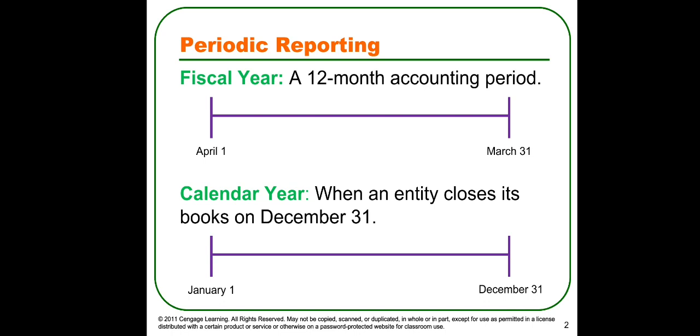See here, if a business started its operation on 1st of April this year, then the business has to close its account on 31st of March next year. That is 1 year. 1st of April this year to 31st of March next year is 1 year.